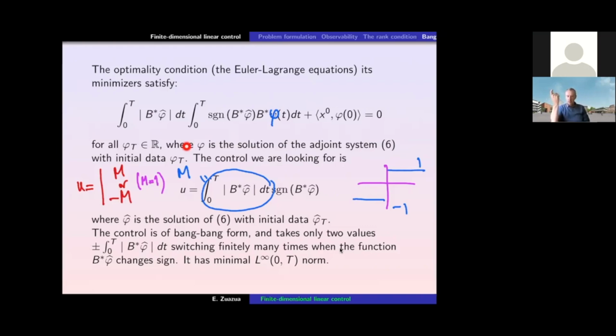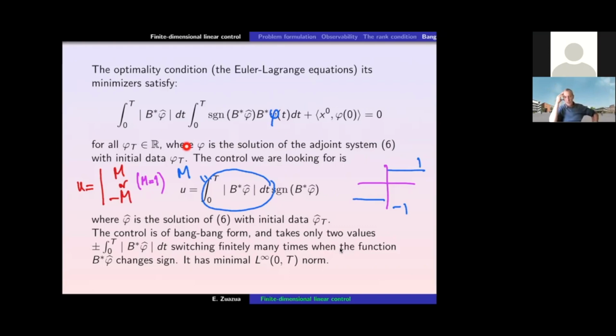In order to implement this control, minus M, M, I need an actuator that is smart in the sense that I can at least regulate the amplitude of the jump from minus M to capital M. So here I'm just taking M equal 1. I have an actuator which only does M equal 1.